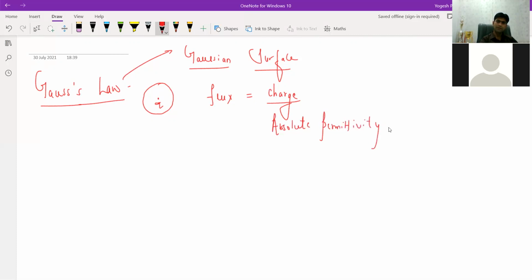That is, Gauss law states that the flux through any surface is equals to 1 by epsilon naught times the charge enclosed within the surface. This is Q enclosed.